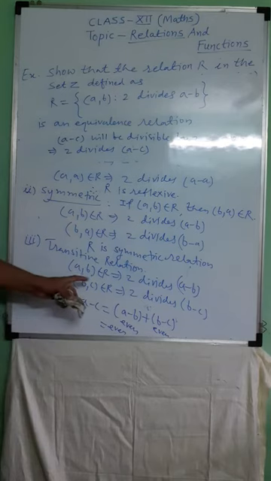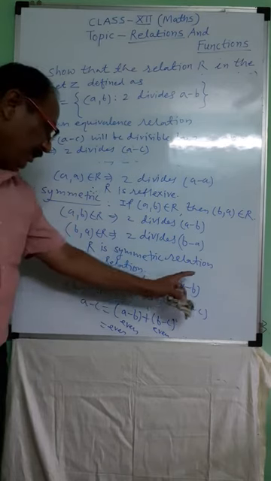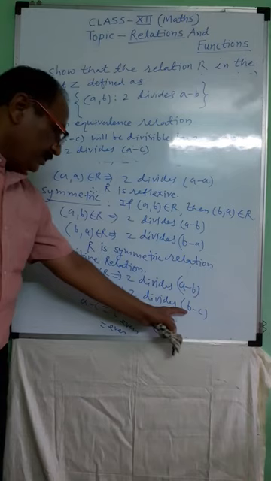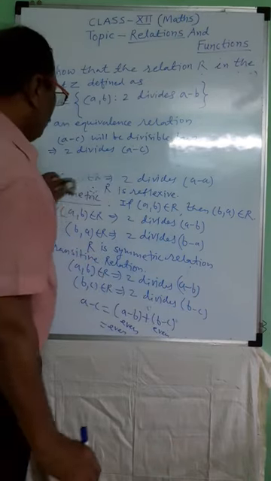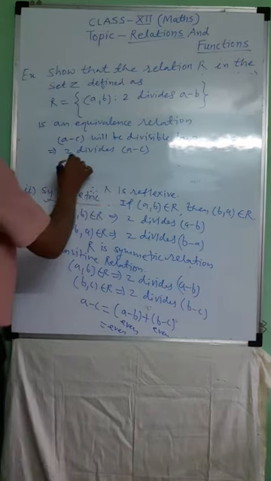If 2 divides a minus b and 2 divides b minus c, then 2 divides a minus c. Therefore, relation R is transitive.